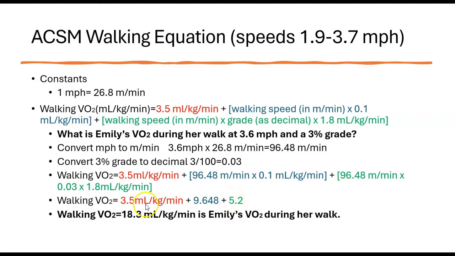Okay, then we simply will add those 3 things together. Again, the red, the blue, and the green, add them together, 3 parts of the equation to get the walking VO2 of 18.3 milliliters per kilogram per minute. So we know this is Emily's VO2 during her walk.